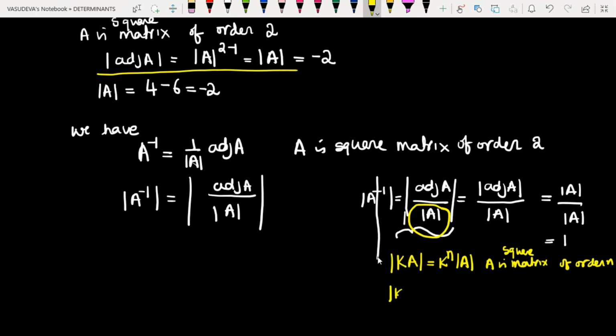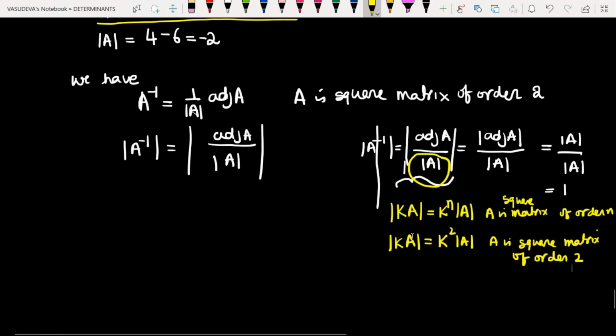Therefore, determinant of kA is equal to k square into determinant of A, when A is a square matrix of order 2. So in this case, we have this result.